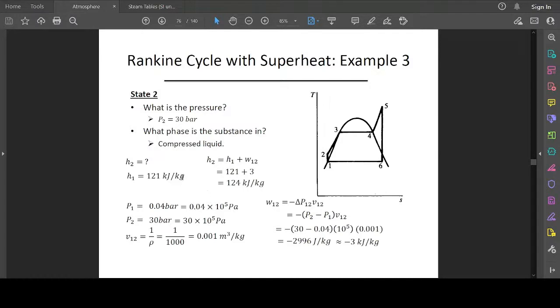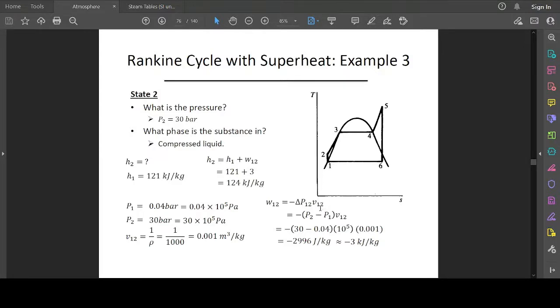To calculate that, we need to add the work done by the pump plus the original enthalpy at stage 1. So we know the enthalpy at stage 1 at 0.04, then there is the work done by the pump, and the work done by the pump is giving us the change in pressure times the specific volume of the saturated liquid at stage 1.